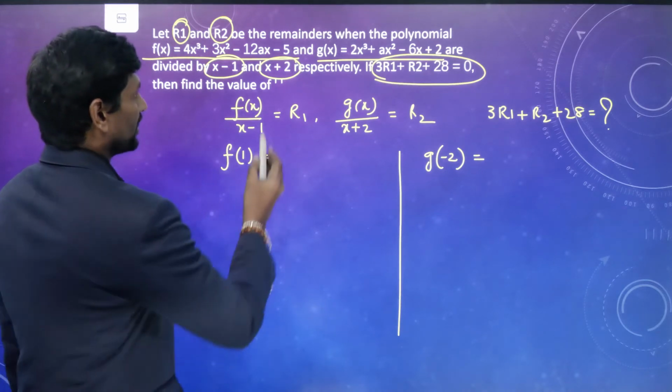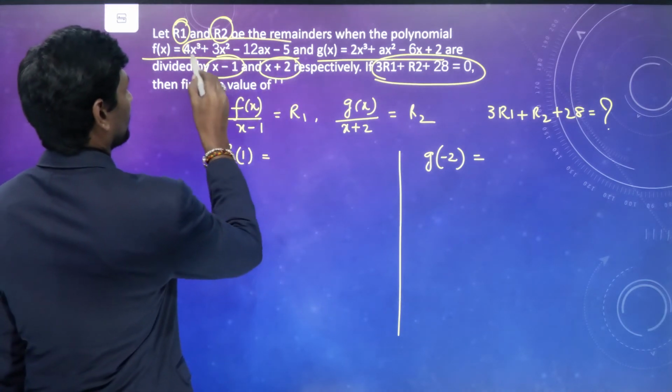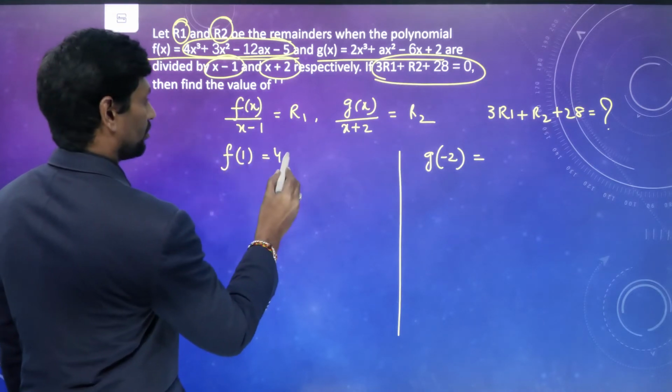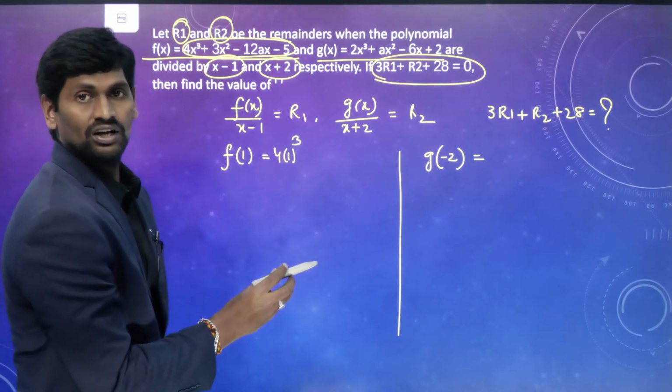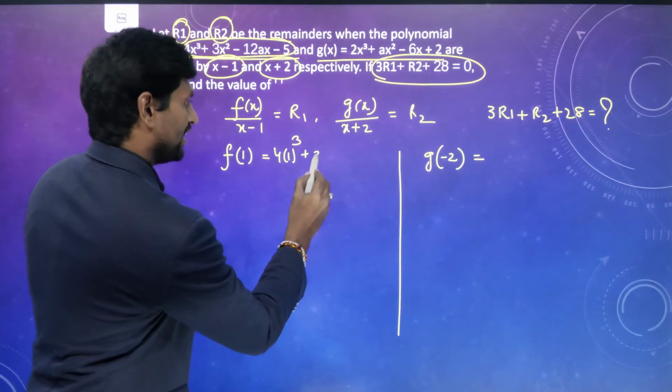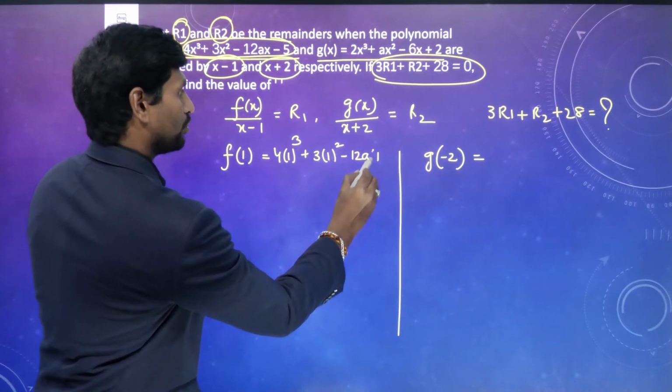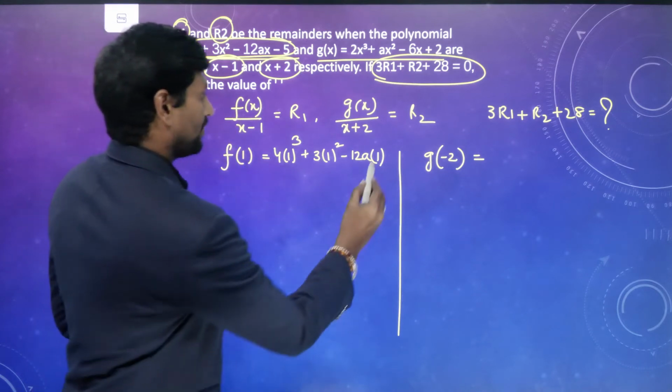Substitute here. What is the first equation? 4x cube: 4 into 1 cube, plus 3 into x square: 3 into 1 square, minus 12a into 1, minus 5.